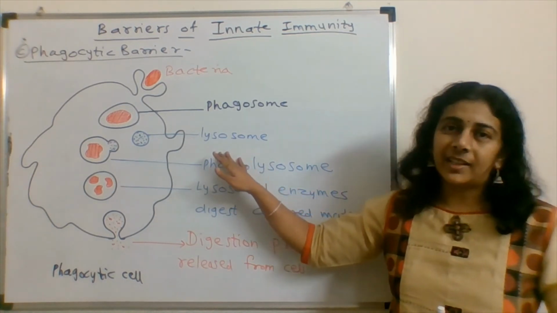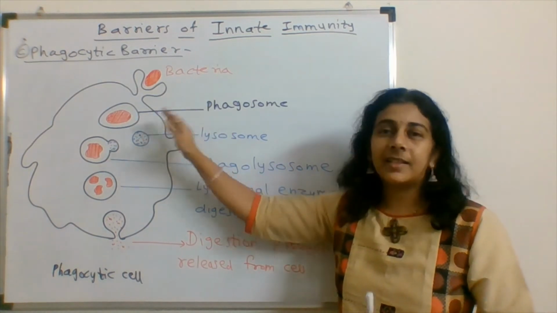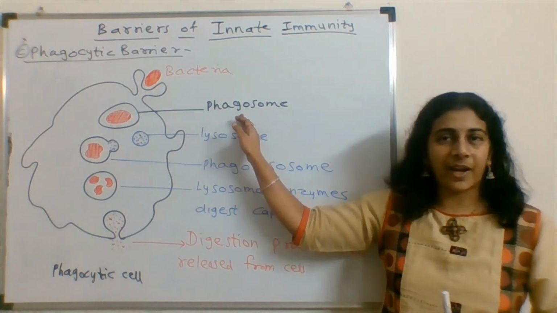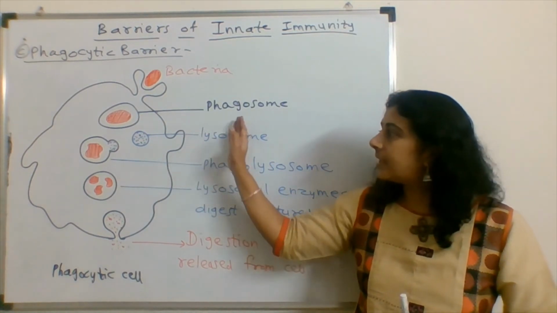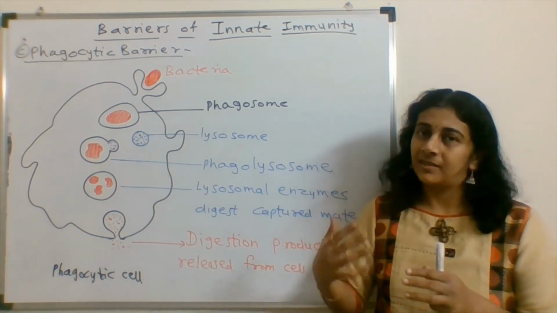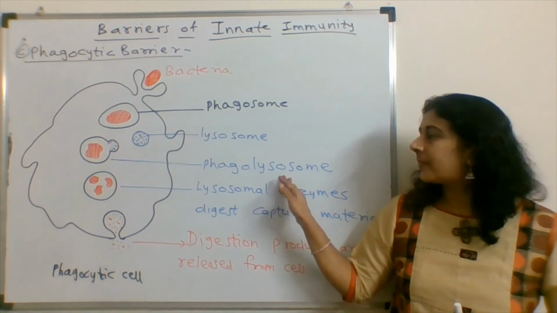So the phagocytic cell captures the bacteria, which gets engulfed and trapped in a phagosome. Further, this phagosome and a lysosome fuse and form a phagolysosome.